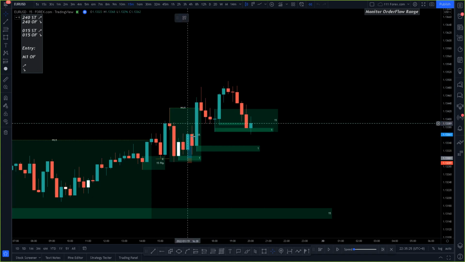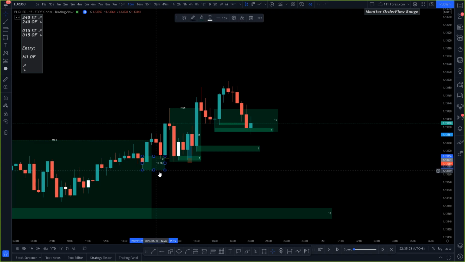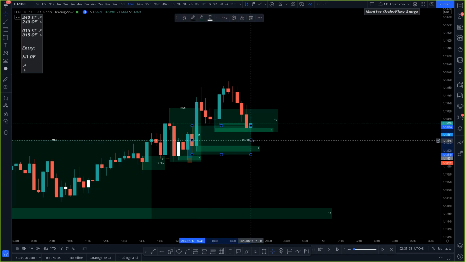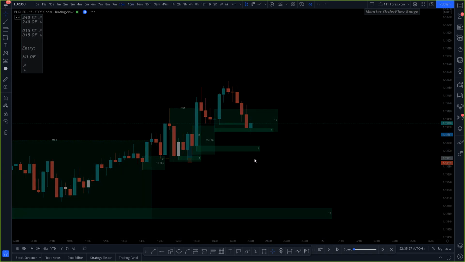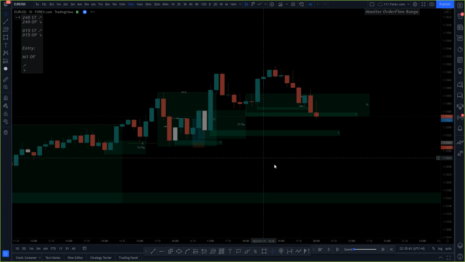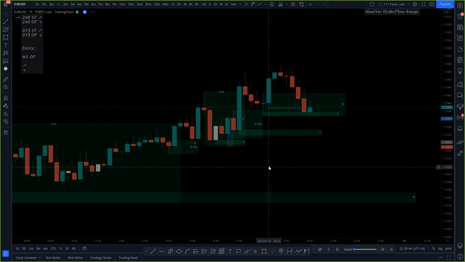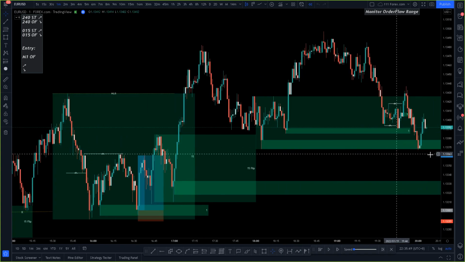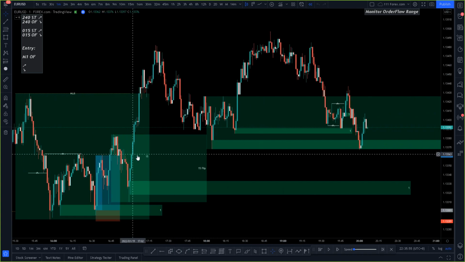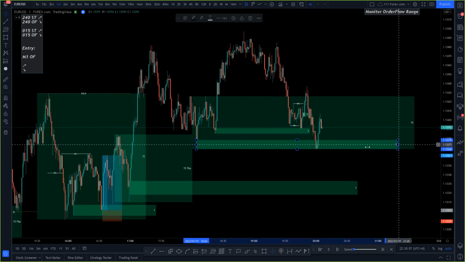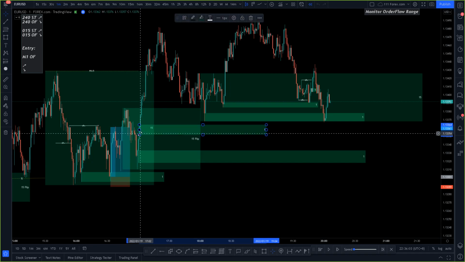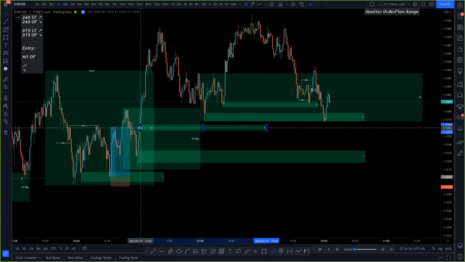M15 demand. This one was the flip, even down to M10. Yep, this one was the one that broke the structure. So when it tapped into here, I thought about testing this area. So I was thinking, okay, cool, it's going to tap this one. Like this is the extreme.